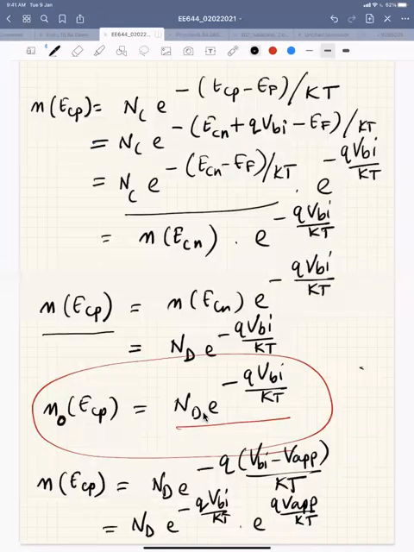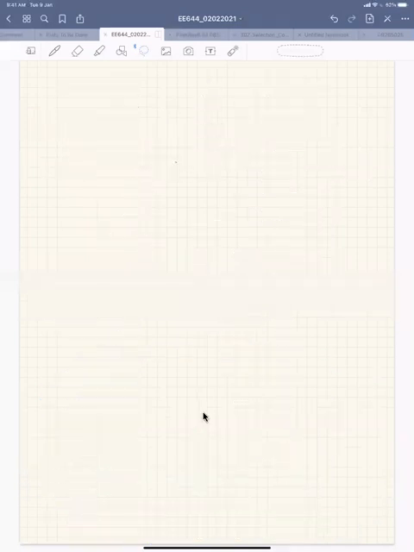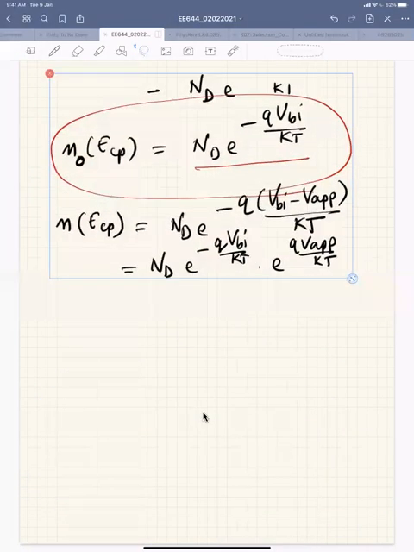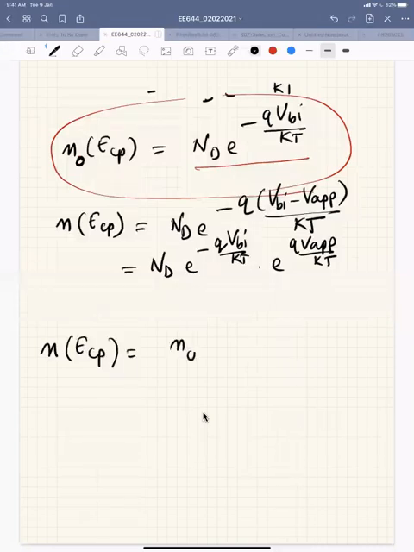If I copy this part here, N0 ECP is N0 ECP times e to the power Q V applied by KT.